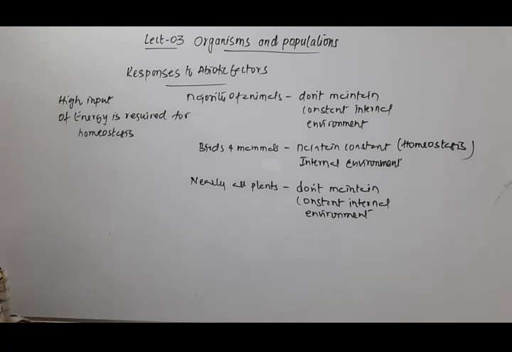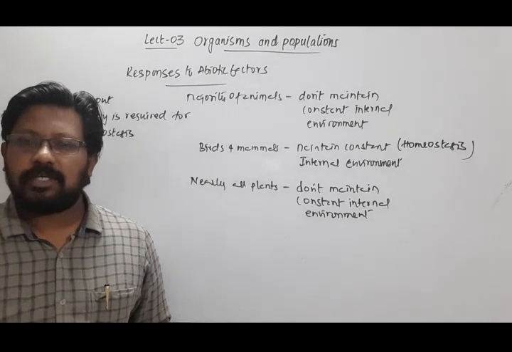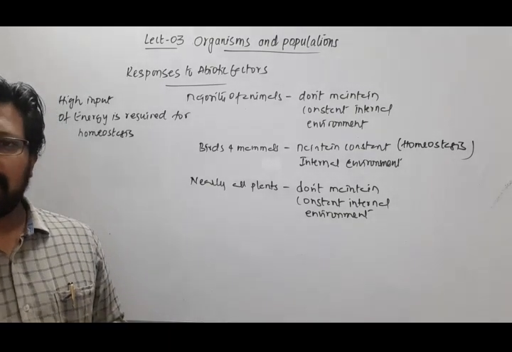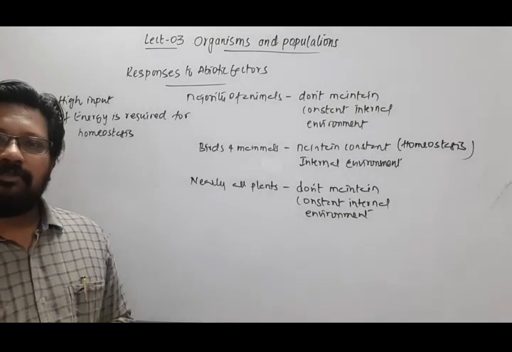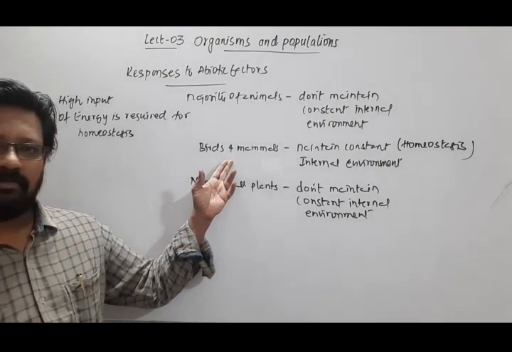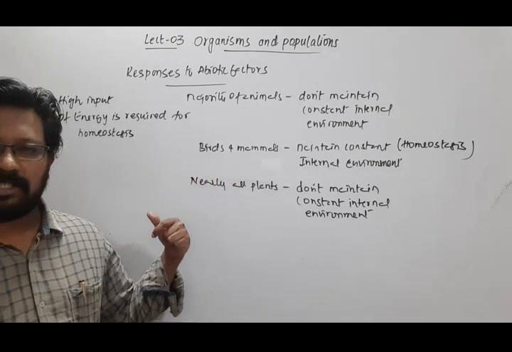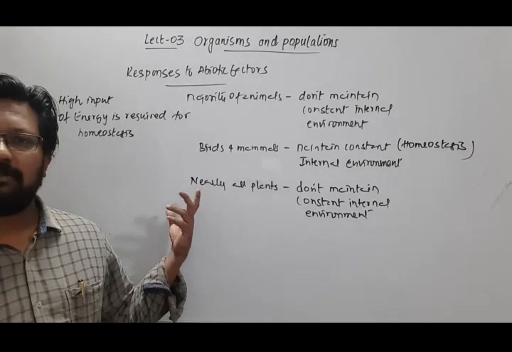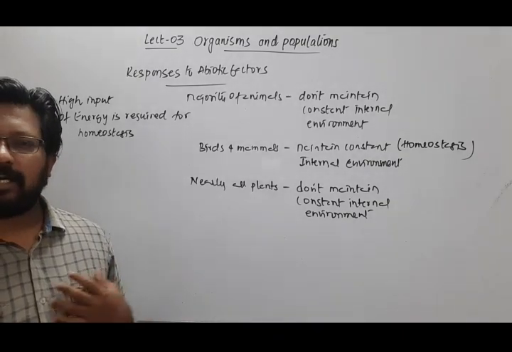If they are able to maintain it, these organisms will be able to live in almost every location. That's why the success of mammals is because of maintaining these body temperatures, I mean a constant internal environment. You will see them from the North Pole to the South Pole, living from north to south and from east to west. You will see they have been distributed everywhere.